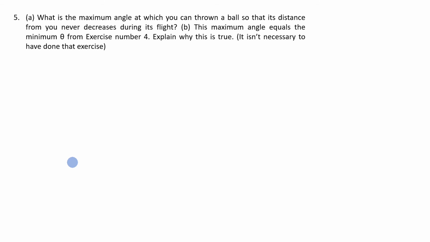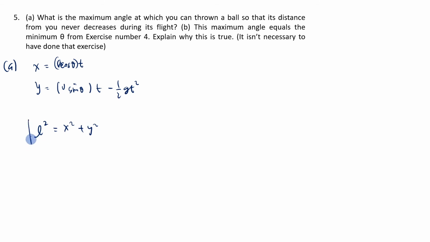Of course, this problem can be solved by some identical equations with the fourth problem. Okay, the A problem. Since x equals v cos theta times t, and y equals v sin theta times t minus 1/2 g t squared, the square of the distance from you is like this.